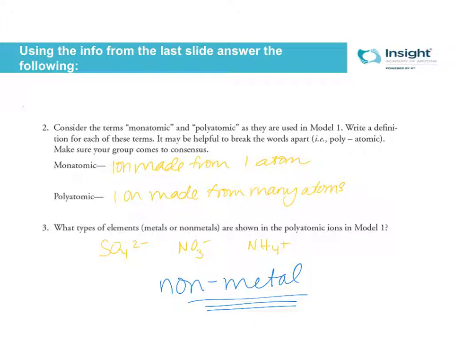And that is true of polyatomic ions. They are always formed from nonmetals. We're going to come to this in a couple more videos, but when it comes to forming an ionic bond, the polyatomic ion takes the place of the nonmetal component when it's needed. This is important to know.